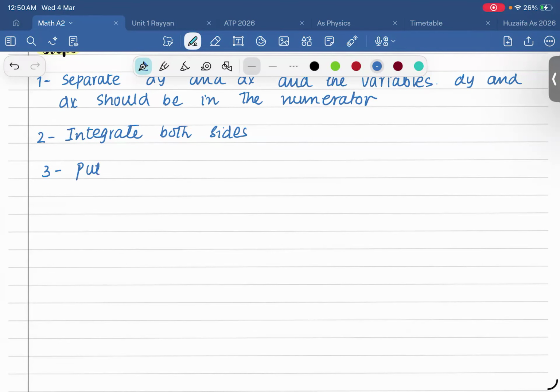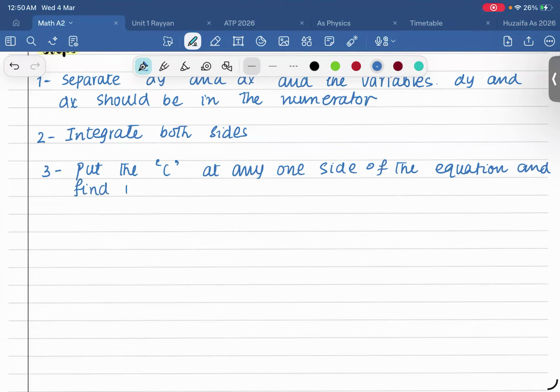So put the constant at any one side of the equation and find its value using the given data, right?